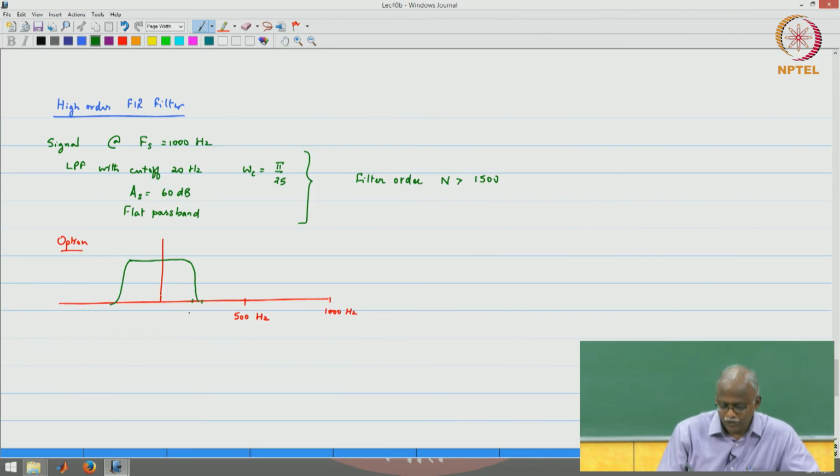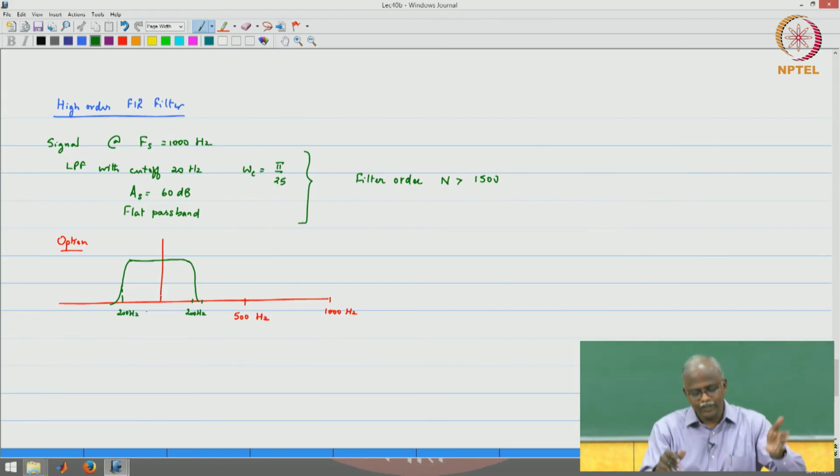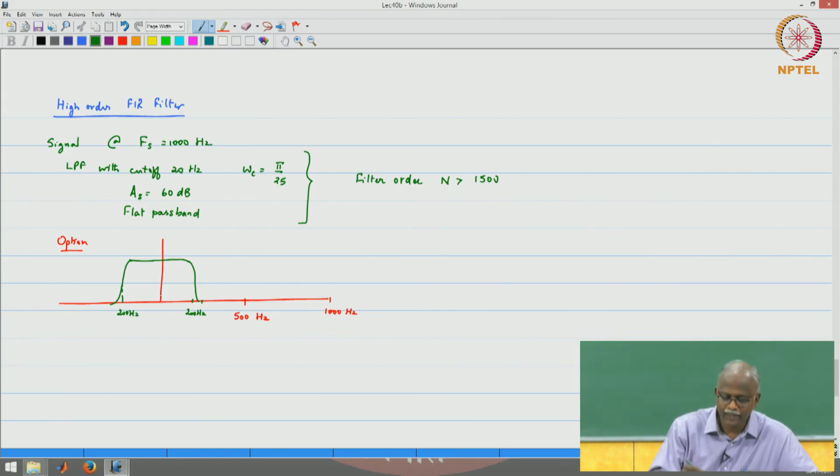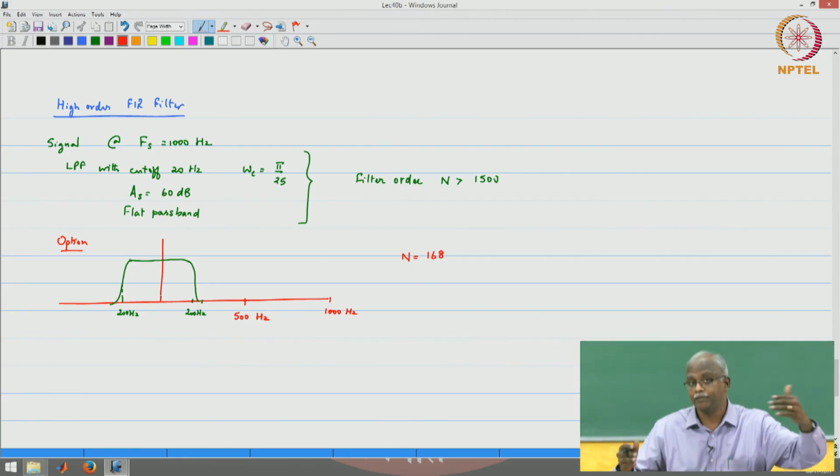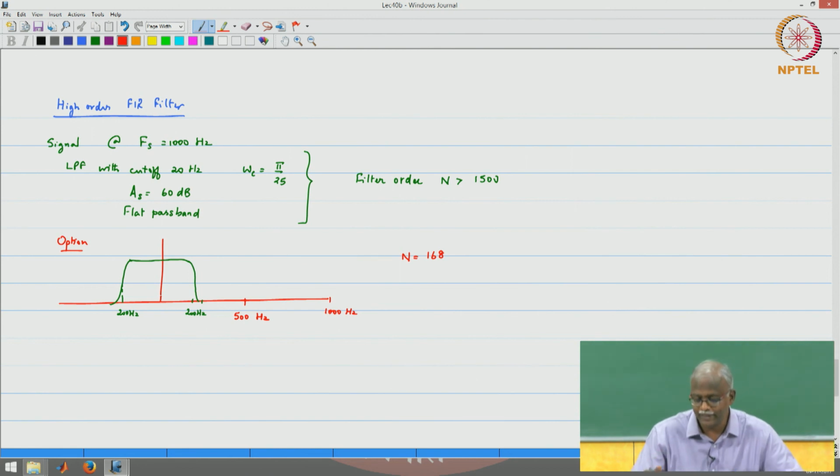So this is around 200 hertz. You write down the specifications, and the algorithm does a calculation, and let us say that it came up with an estimate that it is 168, and basically you allowed a reasonable transition band. You didn't make it very tight. So it came up with a filter order equal to 168.